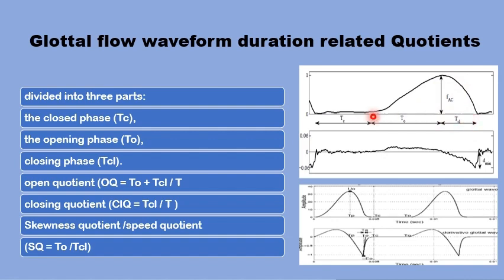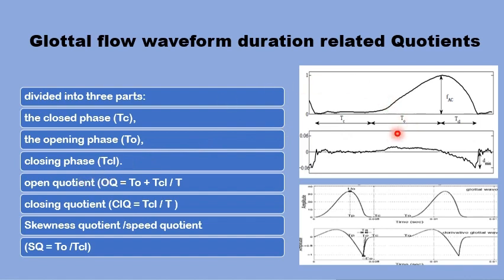The duration of, for example, the open phase, when the glottis is open and allows the flow to pass through it, is formed of the opening phase in here and the closing phase in there. These two phases together constitute the open phase, and the duration of this open phase in relation to the duration of the whole cycle is the open quotient.